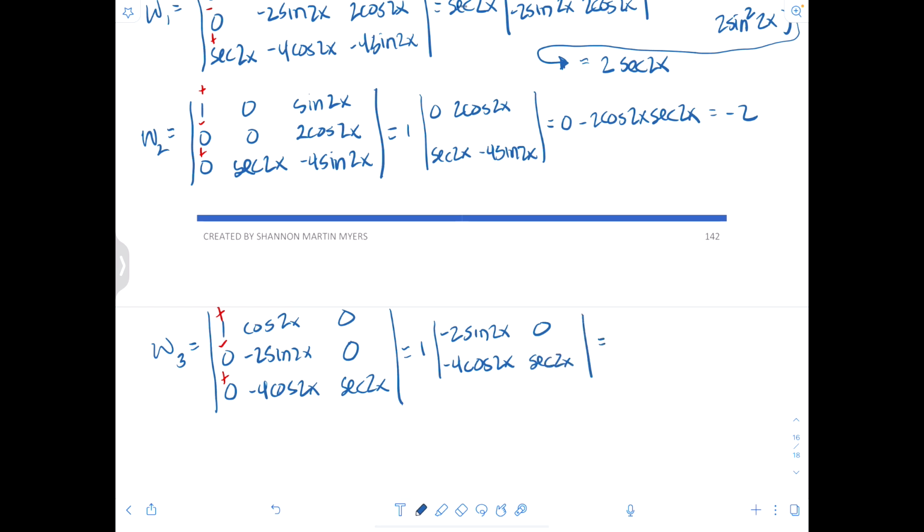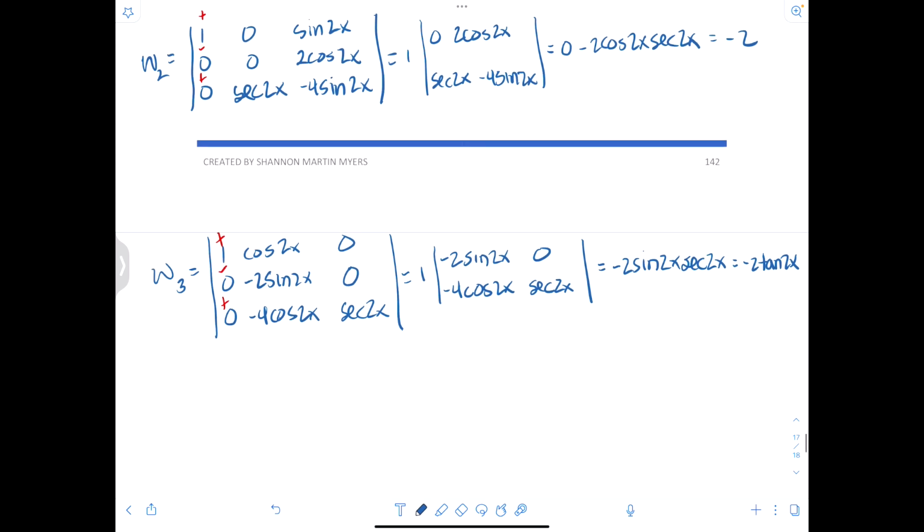And that's going to give us negative 2 times sine 2x times secant 2x minus 0, which is just going to be equal to negative 2 tangent 2x. All right, making some progress.